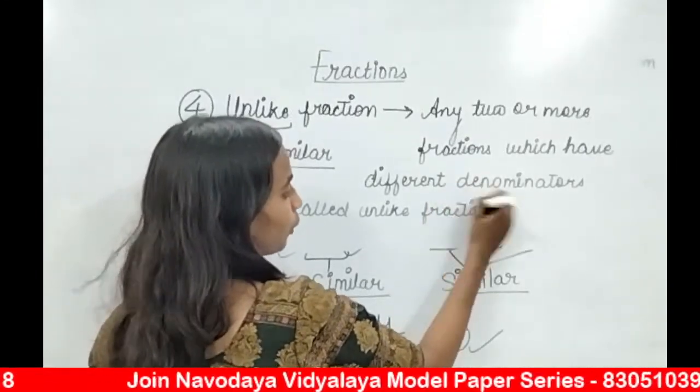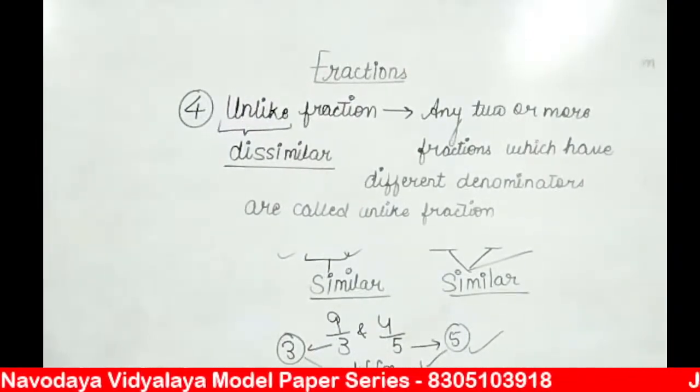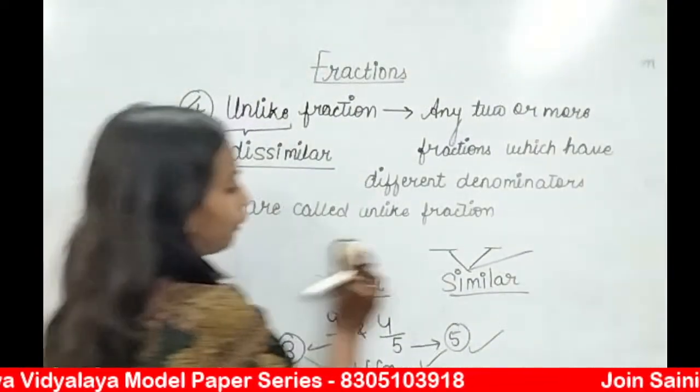Okay, so any two or more fractions whose denominators are different, these are called as unlike fractions.